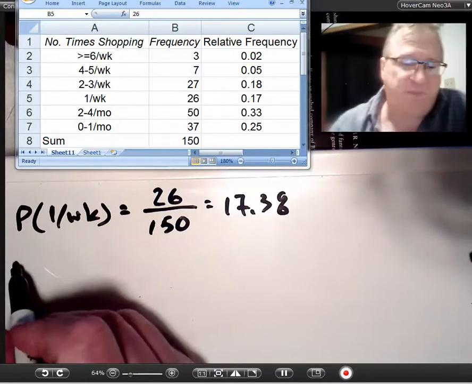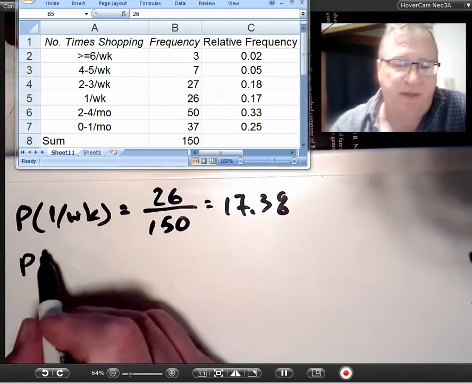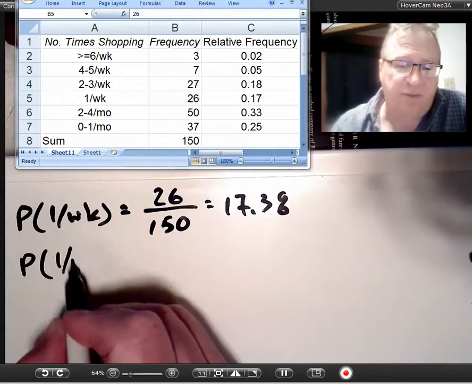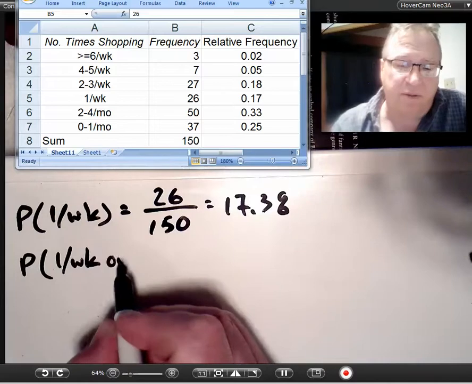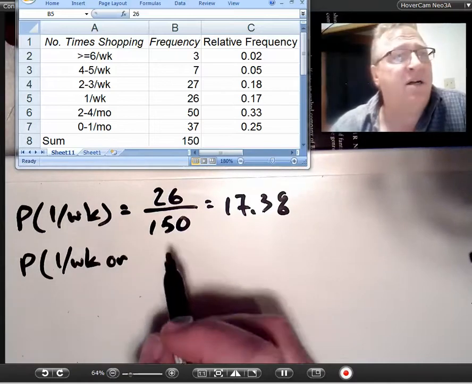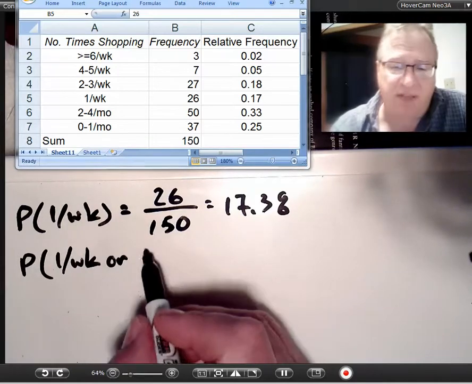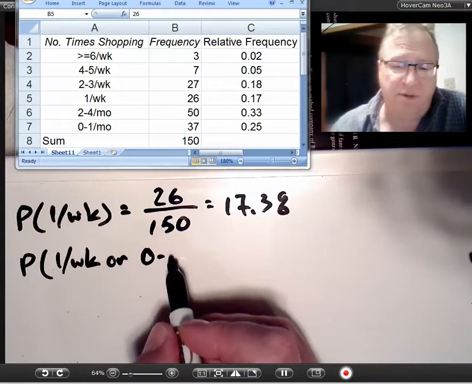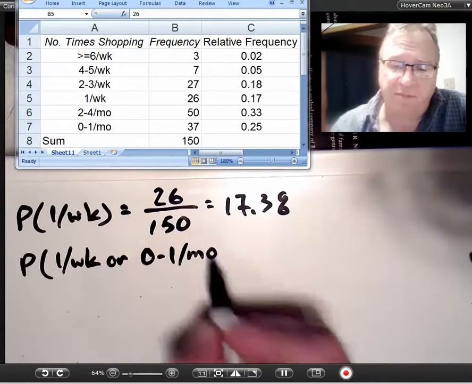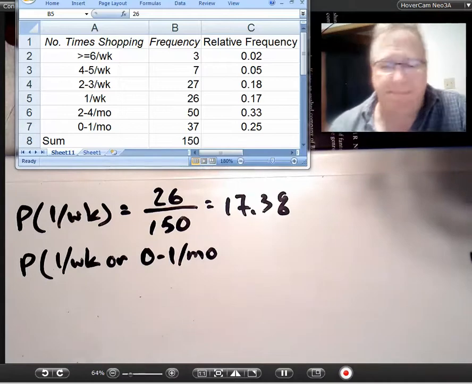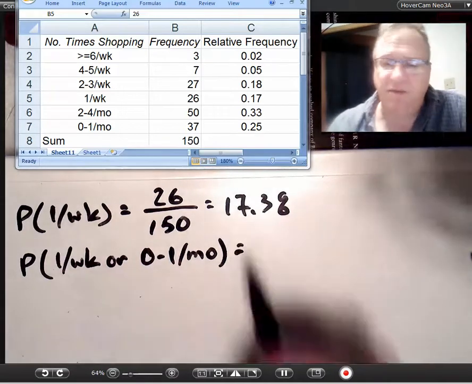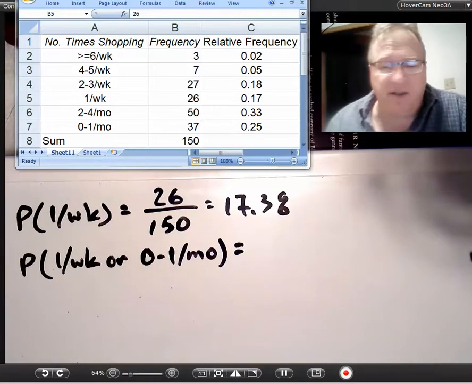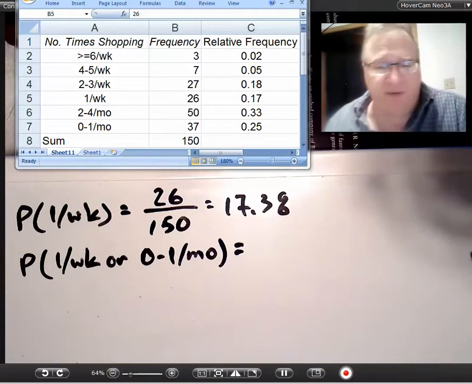Okay. How about the probability that they go once per week or 0 to 1 times per month? Well, isn't this like the die where we were looking for a 4 or a 6? Yes, it is. We can simply add values from our table.